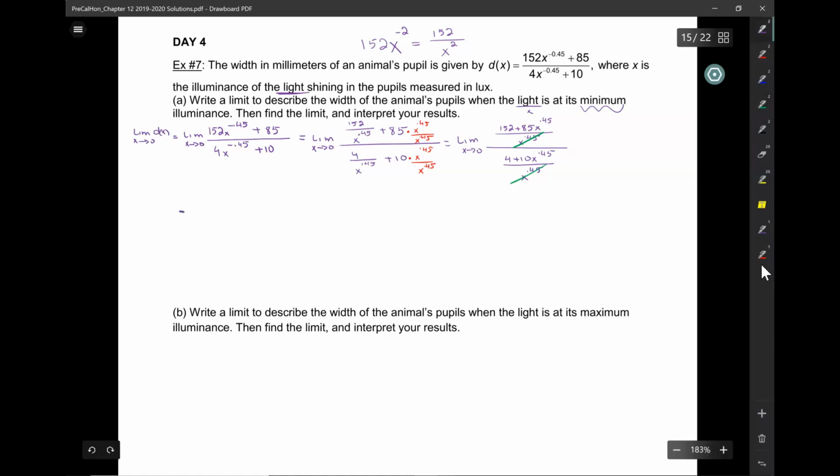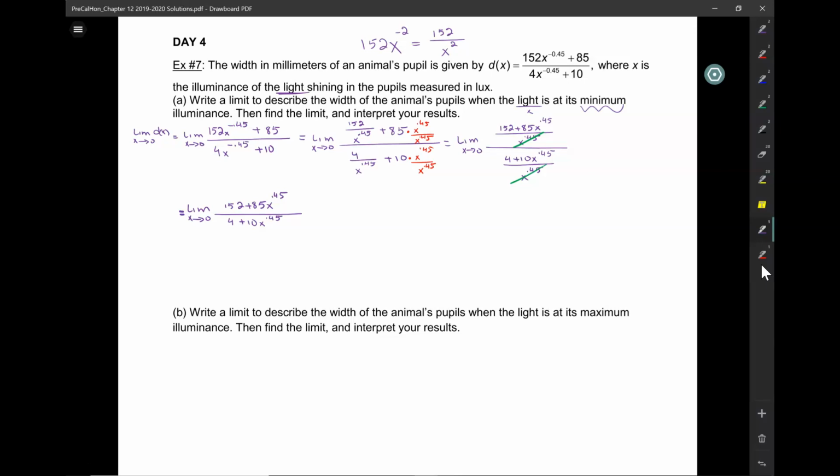So now I have that this is the limit as x approaches 0 of 152 plus 85 x to the 0.45 over 4 plus 10 x to the 0.45. Okay, that's much, much, much better.